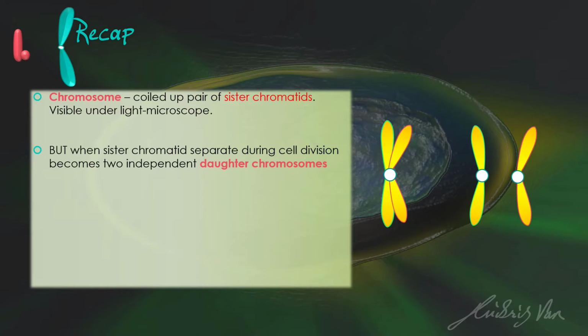So originally there's one chromosome, then after they get pulled apart, we get two chromosomes. So when the chromatids are joined together, they are known as sister chromatids. When they are pulled apart and become independent, they will be independent chromosomes, or we call them daughter chromosomes.